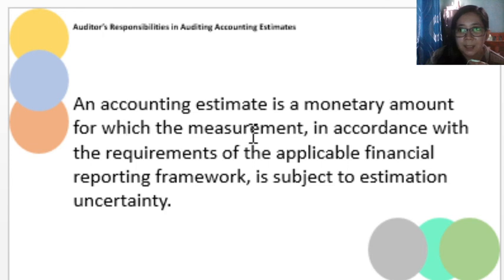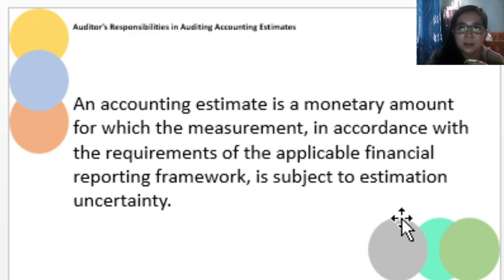So an accounting estimate is normally a monetary amount for which measurement, in accordance with the requirements of the applicable financial reporting framework, is subject to estimation uncertainty. Meaning, accounting estimates are subjective, depending on how the management interprets and relates to their operations, and whether they think this approach best fits their transactions, without probably considering its appropriateness.